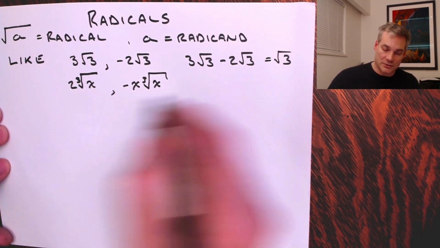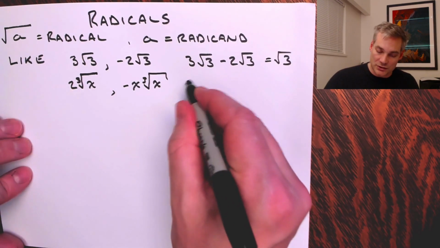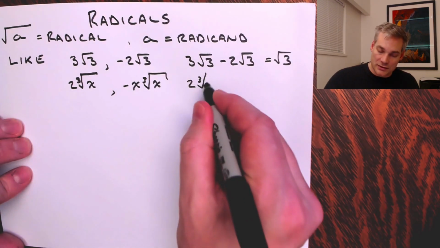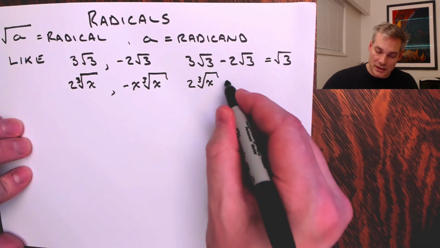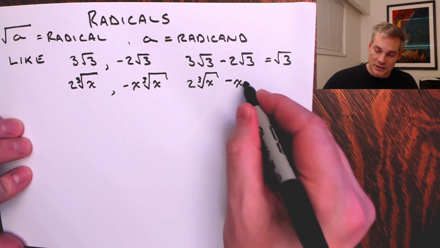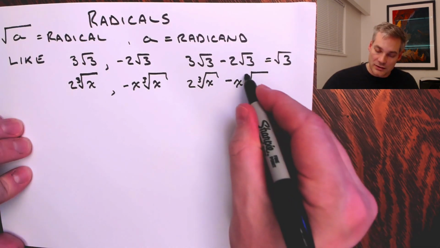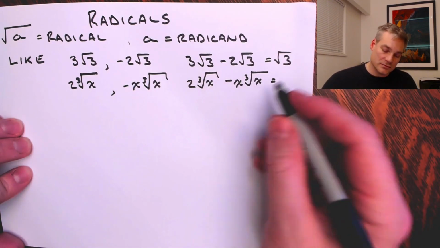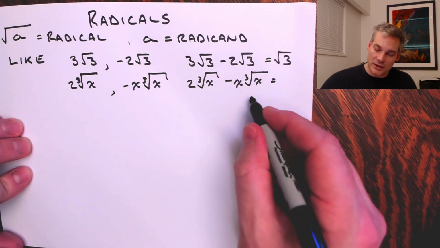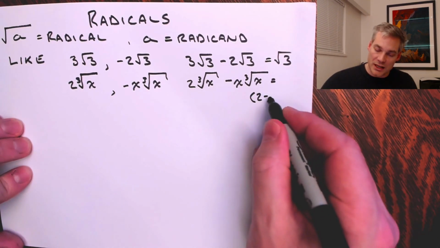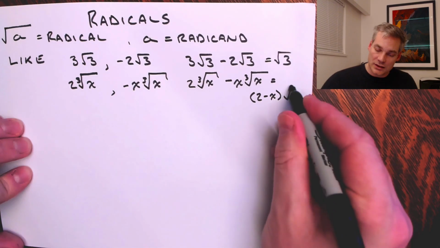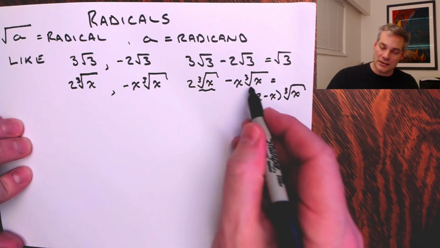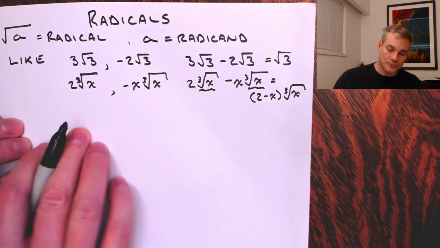These are also like radicals because I could just say that's 2 minus x times the third root of x. I didn't leave enough room here, but that equals 2 minus x times the third root of x. So I had to factor this out, and I'm left with this.